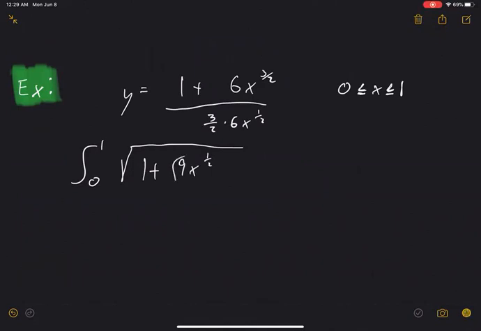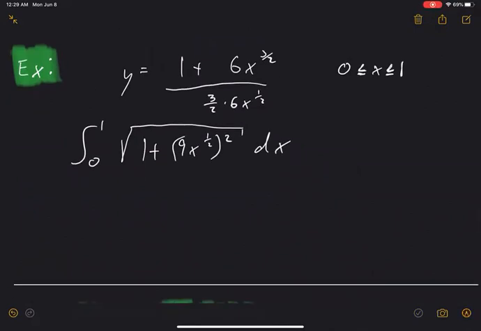And then I need to square that. So what do I get when I square that? I get this.